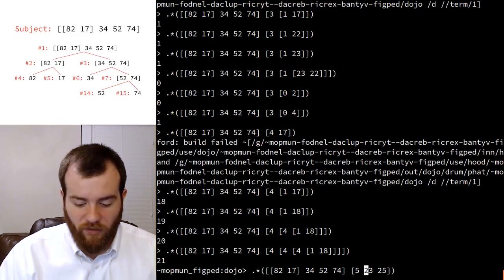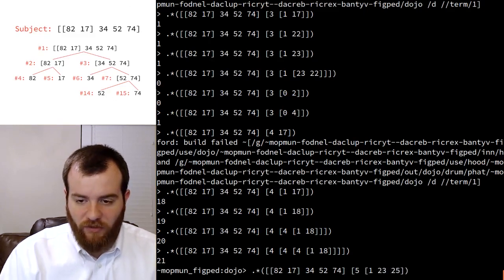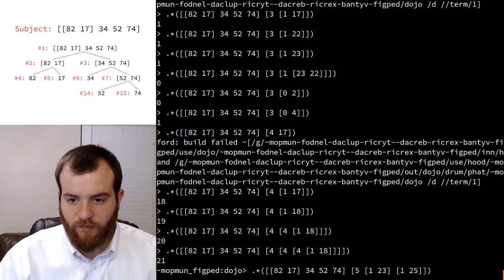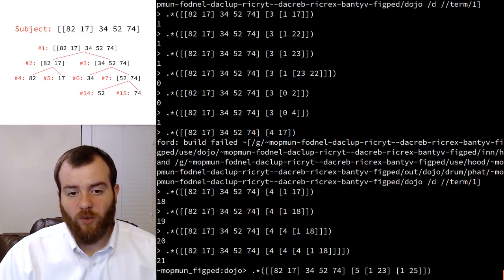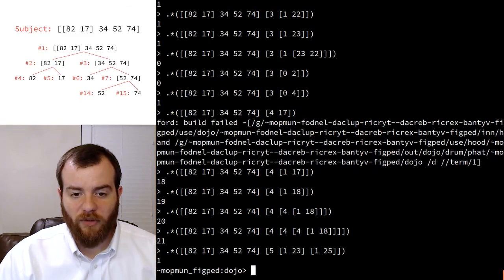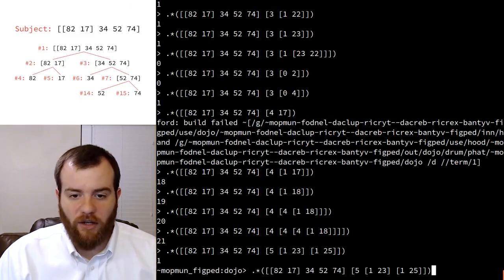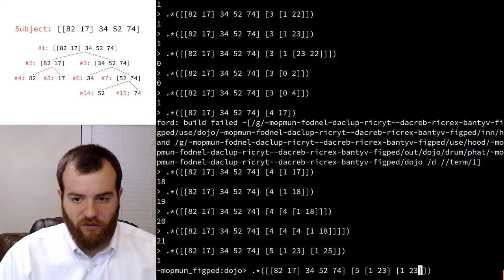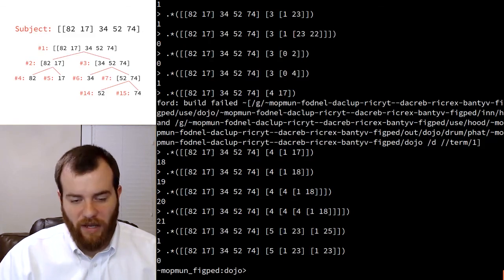So if I want to test 23 against 25, I've got to use the constant function. Now this will tell me whether or not 23 equals 25, and I would expect the result to be no, and it is. Okay, good. So if I want to test 23 against 23, I get yes.